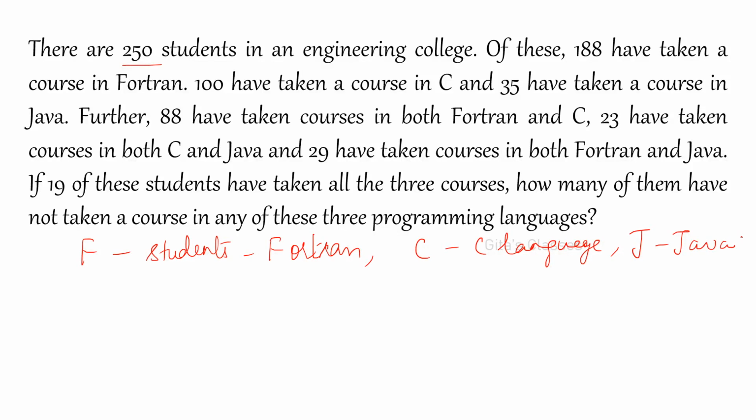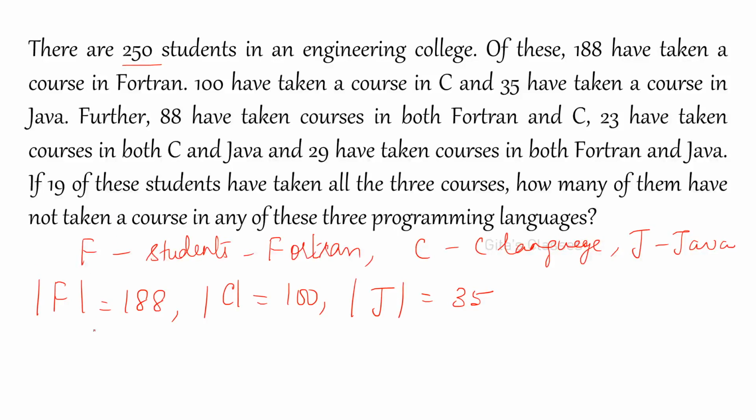So now cardinality of F is given as 188, then cardinality of C is 100, and the cardinality of J, that is Java, is 35.